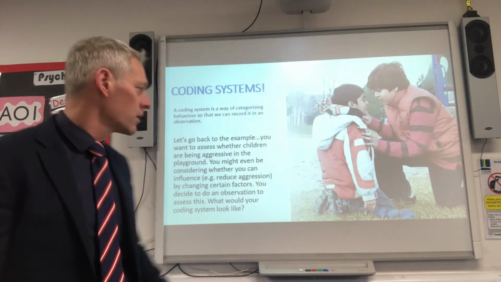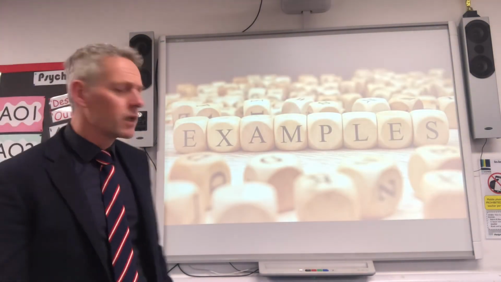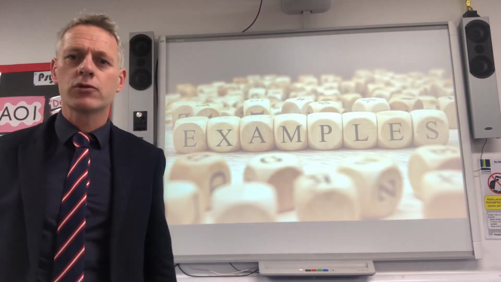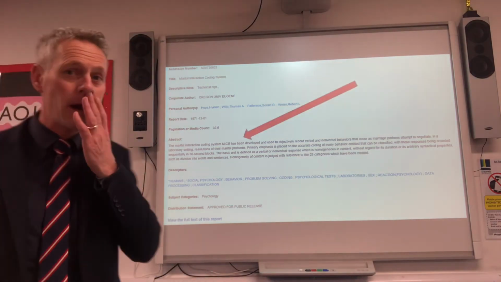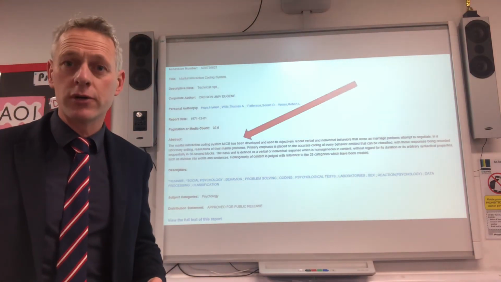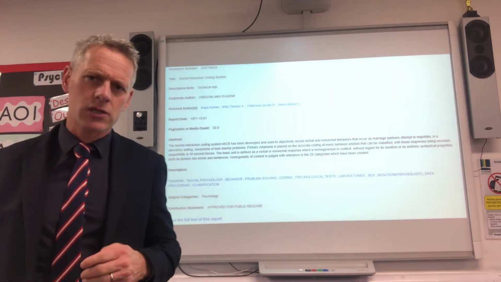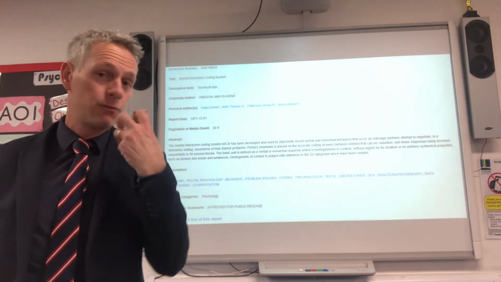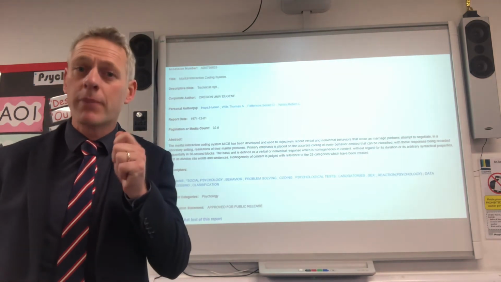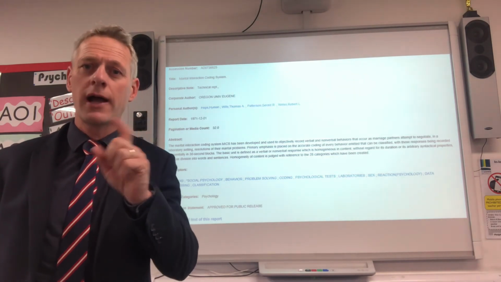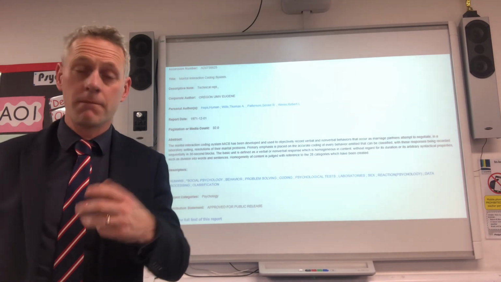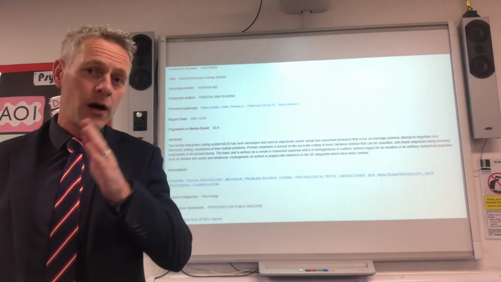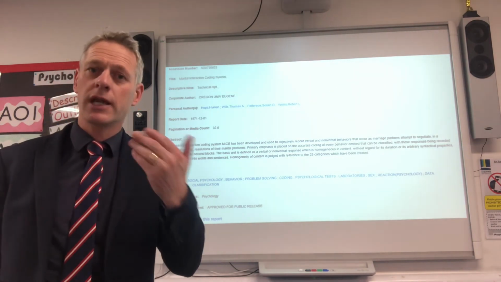Let's have a look at some real life examples of coding systems. This is an interesting one, the Marital Interaction Coding System. This is a coding system that predefines behaviors, both verbal and non-verbal, in married couples that are needing support in their marriage.